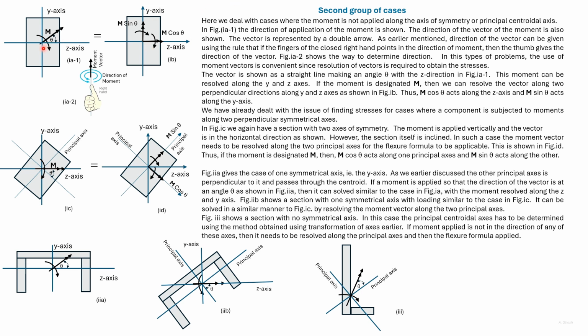So if this moment is M, then the moment along the horizontal axis is M cos theta, and the moment along the vertical axis is M sin theta. We have earlier discussed the case where two different moments have been applied about the y-axis and the z-axis, and using the flexure formula, we have been able to find out the stresses at any point in this section. So for this case, we can use the same procedure.